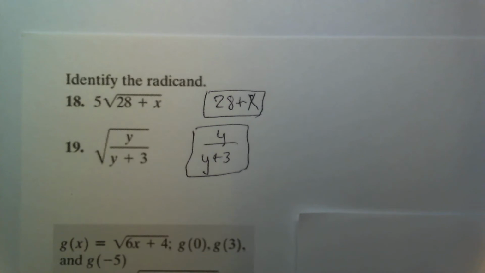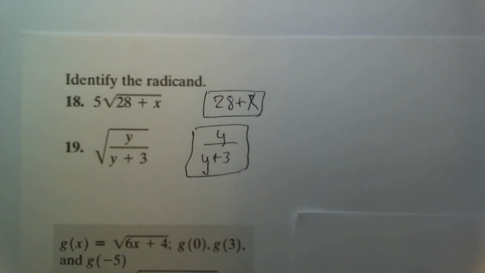In the guided solution exercise, we have a radical function, g of x equals the square root of 6x plus 4, and we are supposed to evaluate this function for x equals 0, x equals 3, and x equals negative 5.